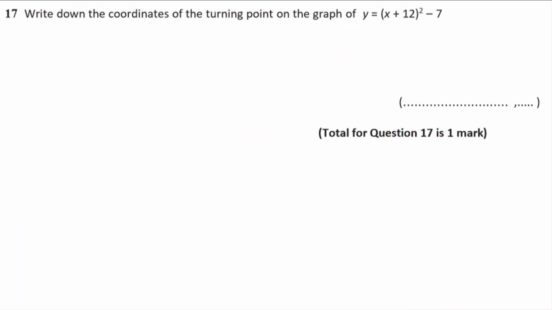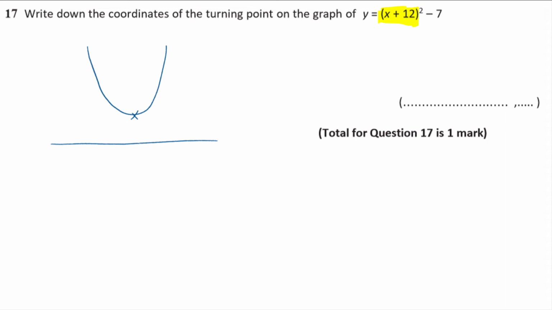Question 17, write down the coordinates of the turning point on the graph of y equals (x plus 12) squared minus 7. Okay, so the turning point of a graph here is going to be the lowest point on the graph, isn't it? Now how can you make that equation the lowest it can be? It's got a square in it, and the lowest value a square can take is 0, because 0 squared is 0. Negative numbers end up being positive, and positive numbers end up being positive, and they are all bigger than 0.